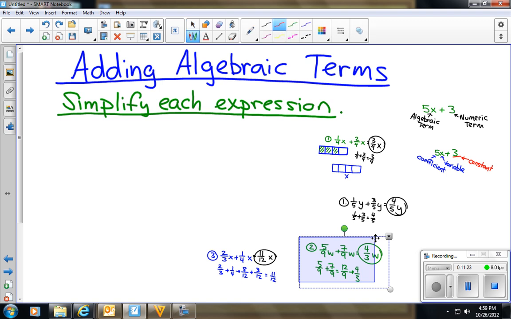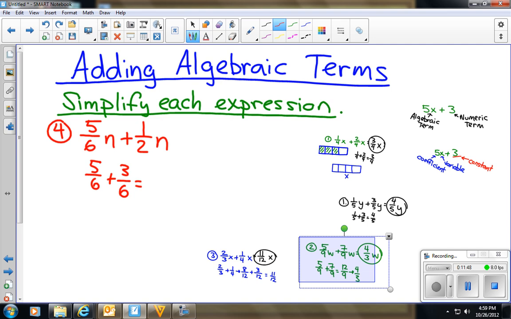Let's try another one. One more of these fraction ones. Let's say that I have 5/6 n plus 1/2 n. Now, if you're getting pretty smart at this stuff, you may be able to convert it ahead of time. You may want to say, all right, this equals 5/6 plus, well, 1/2. I can multiply both of these by 3 and make this 3/6.